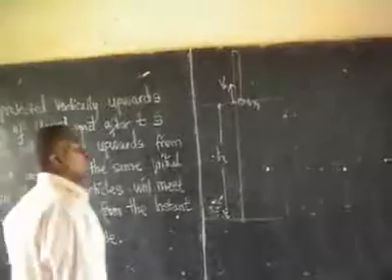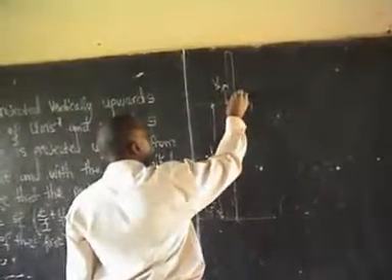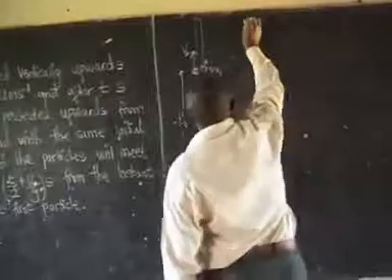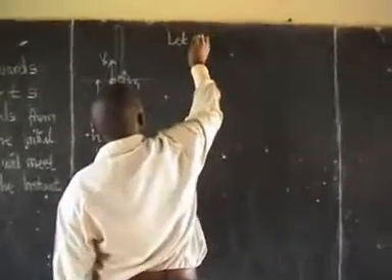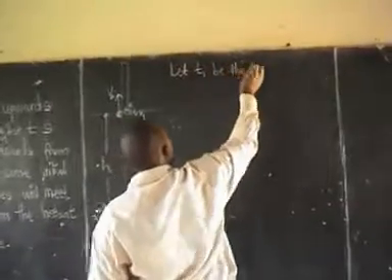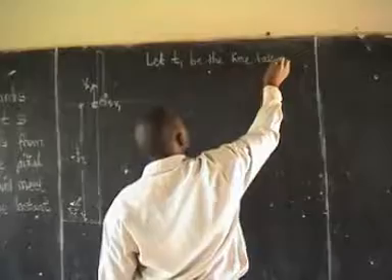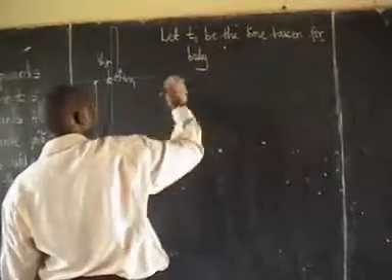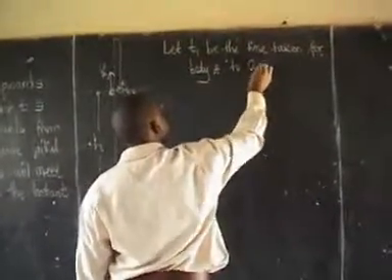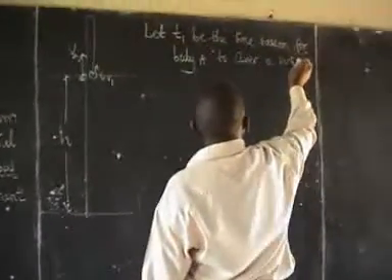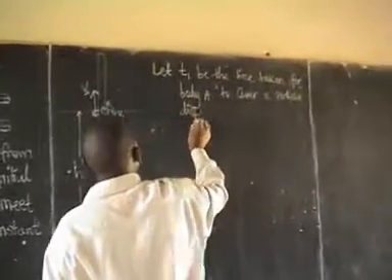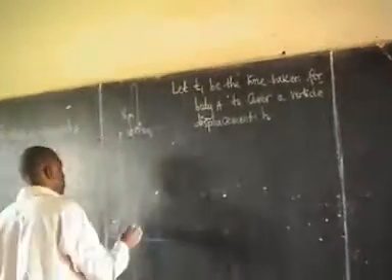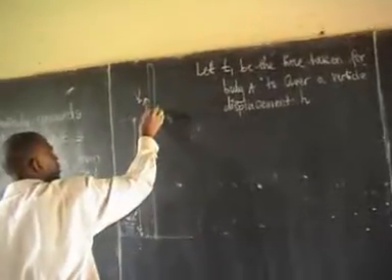For simplicity, I'm going to call the first body A and the second body B. So let T1 be the time taken for body A to cover the vertical displacement h. I'm looking at this body A.